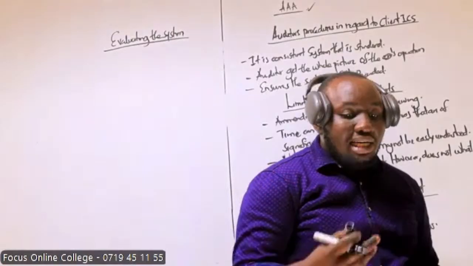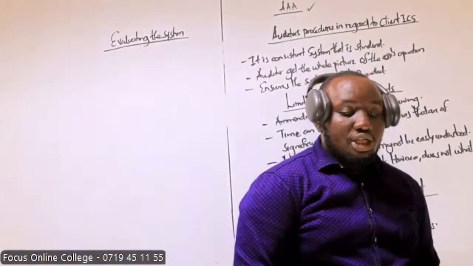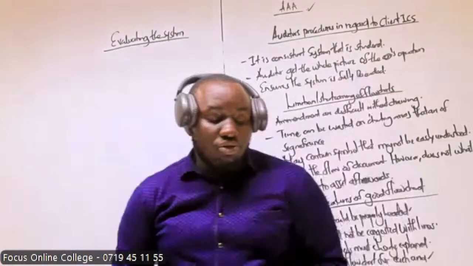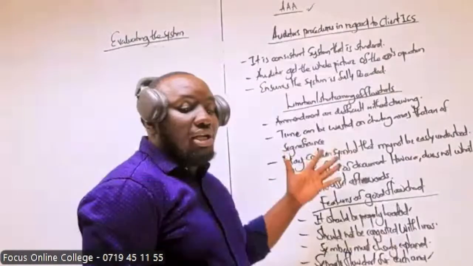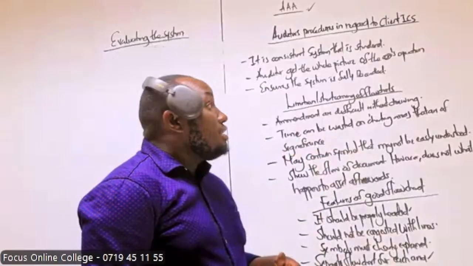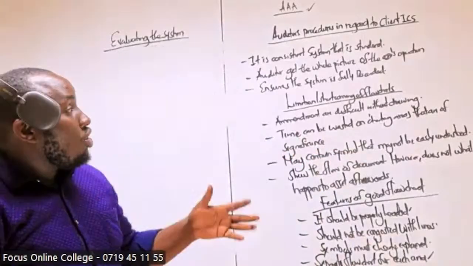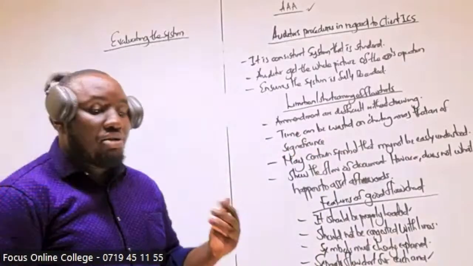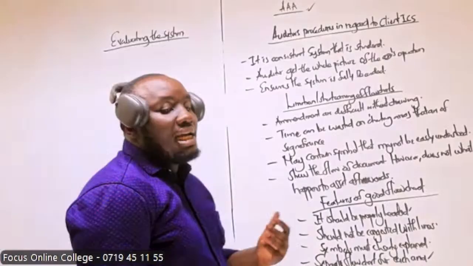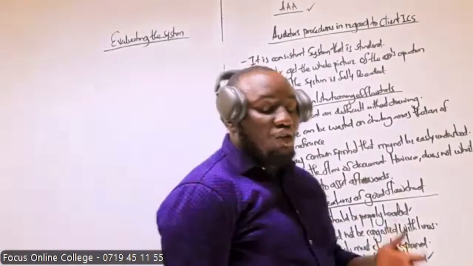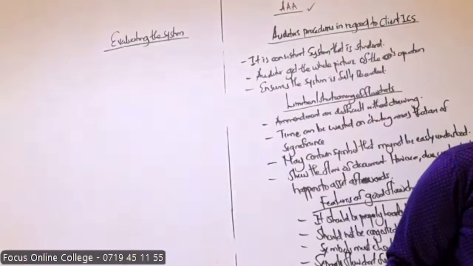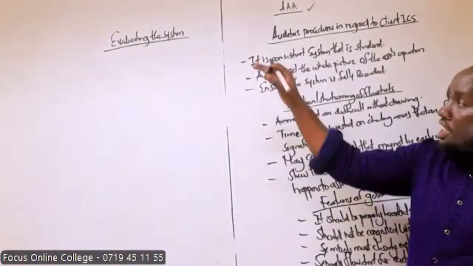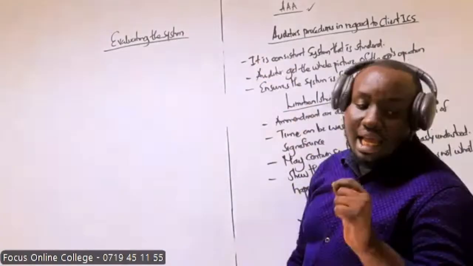How can I understand the system? By having discussion with the client's management. If there's a manual for the system, I can read that manual to understand the system. Then you talked about recording of the system, where you can record using narrative notes, descriptive notes, but also a flowchart. So then we get to the next procedure, evaluating the system.